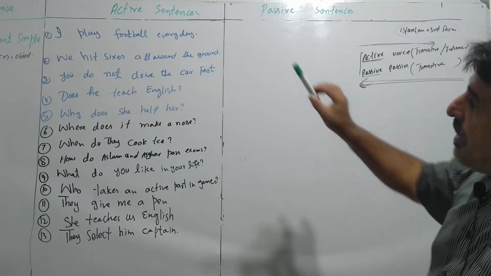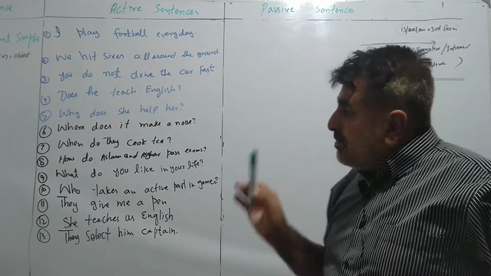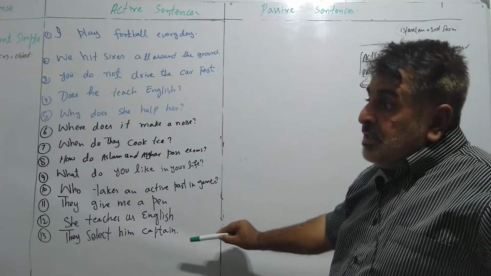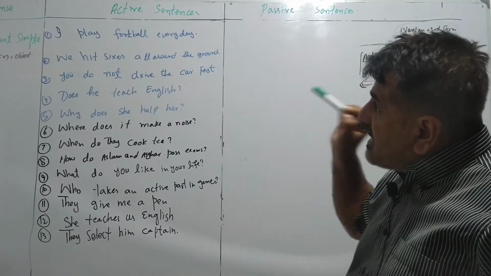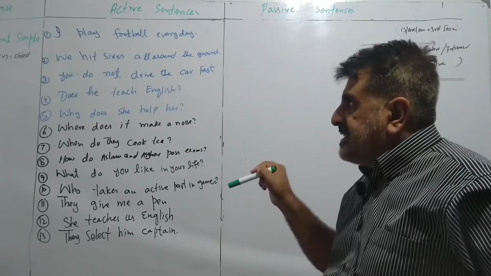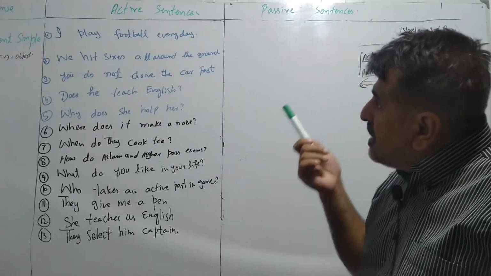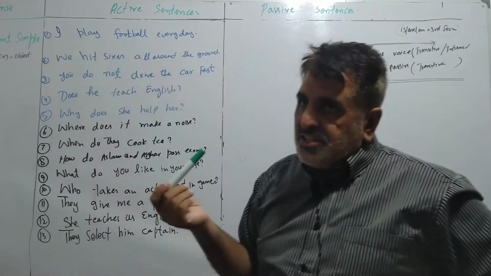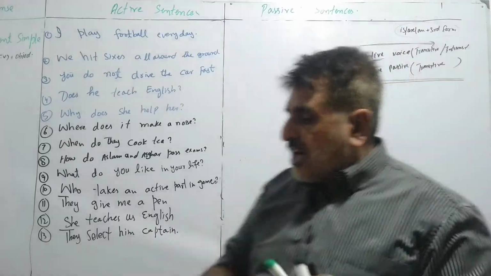So I have focused on only one tense, but I have written all possible structures for all tenses. When we change tense, there may be a slight change. Okay, so let's start.